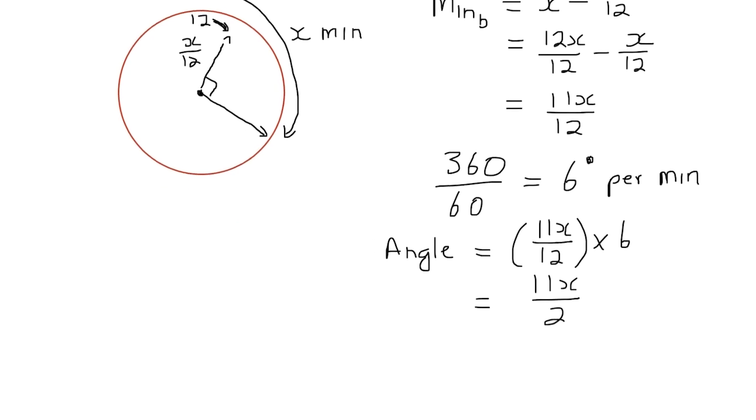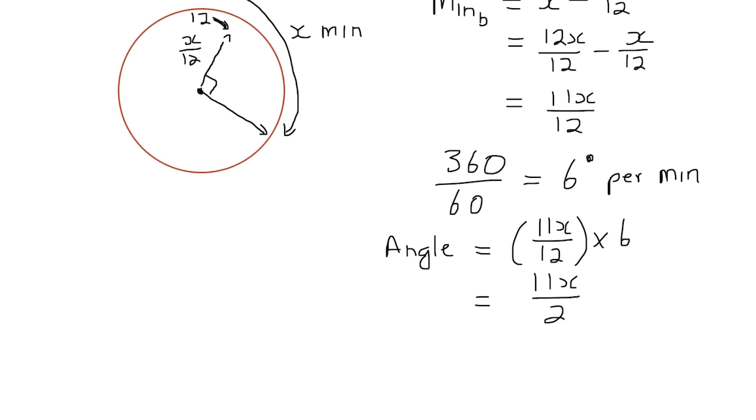now we want this angle to be 90. So we will calculate how many minutes must the minute hand move so that the angle between the minute hand and the hour hand will be 90. So 11x over 2, we want this to be equal to 90 degrees.